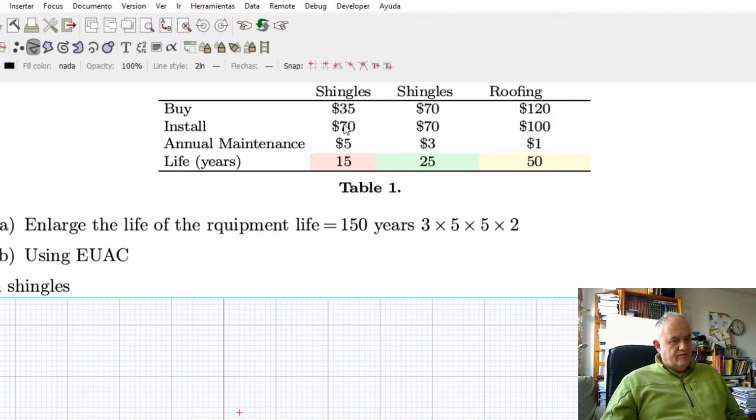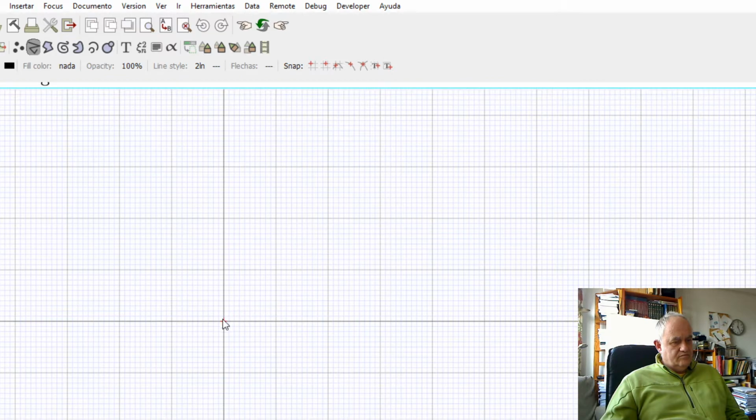We have during 15 years, let's build the arrow.